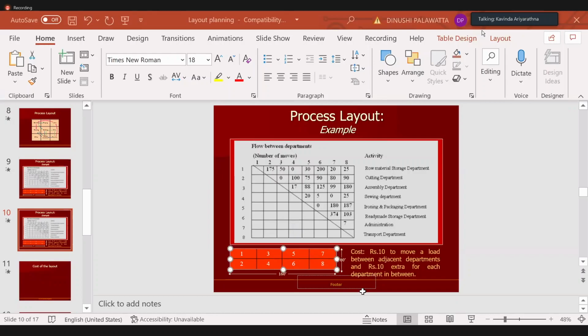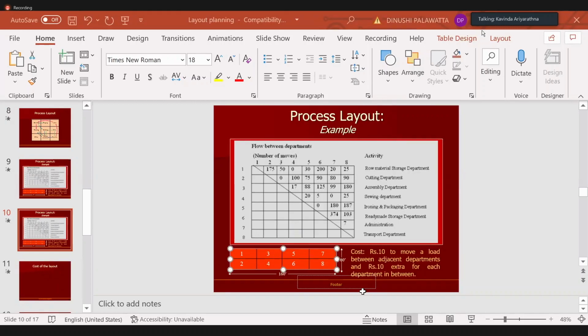Next, 4 to 5, 20. 4 to 6, 5. 4 to 7, 0. 4 to 8, 25.